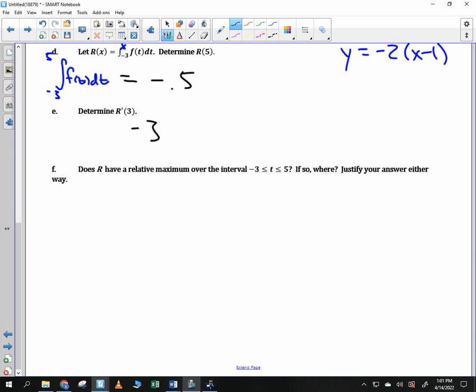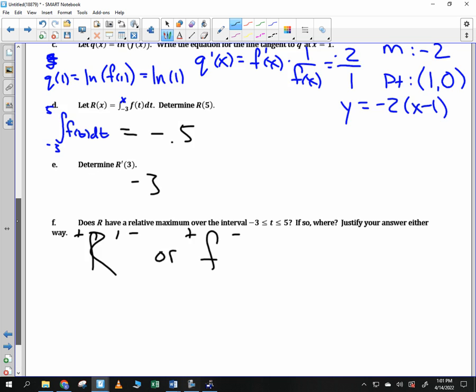What do you got? What does it mean to have a relative maximum, a local maximum? Yeah, wherever r prime changes from positive to negative. Well, what is r prime in this situation? R prime is f, so where f changes from positive to negative.